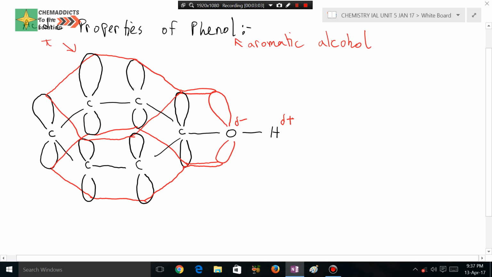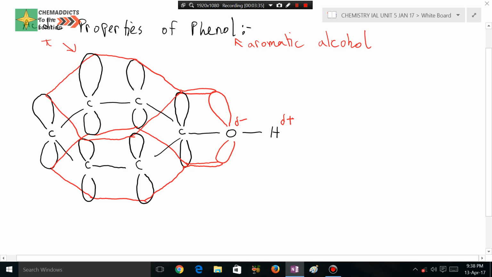Just like benzene, phenol has a similar structure to benzene. So phenol is basically an aromatic alcohol where the OH group is directly attached to the benzene ring. This part is the benzene ring and this is the hydroxyl group.